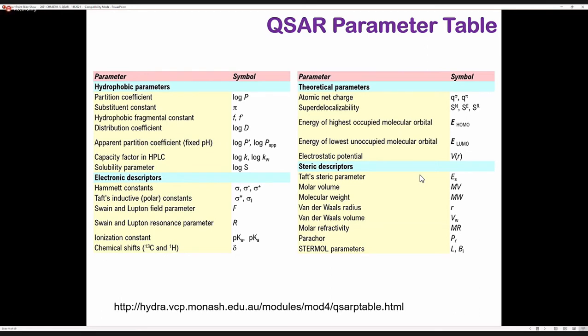And then you also put in the partition coefficient, the log P value of that compound, the solubility parameter, the molecular weight, the Hammett's constant, and then the Taft constant, right? So when you have all these values, you get your log 1/C, because you put them into the equation you made.